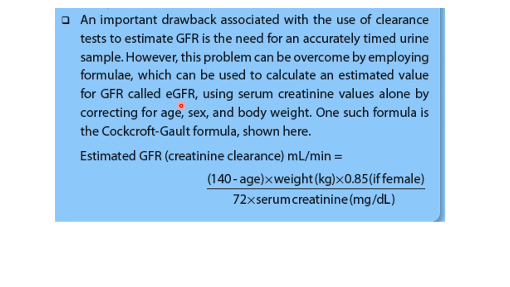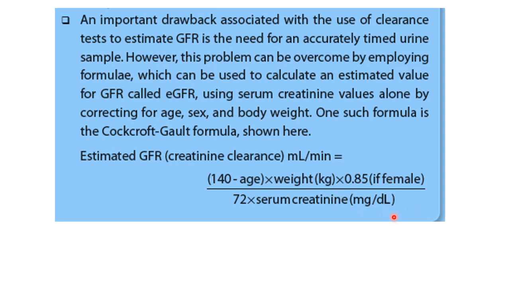One such formula is the Cockcroft-Gault formula, which is estimated GFR creatinine clearance in ml per minute equals 140 minus age multiplied by weight in kg, which is corrected by 0.85 if female, divided by 72 multiplied by serum creatinine in milligram per deciliter.